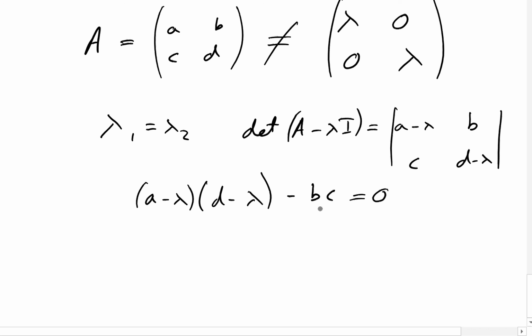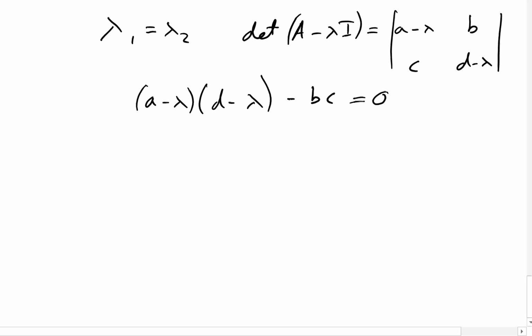This BC term dictates what happens to our eigenvectors, if you like. Because we've said that lambda 1 equals lambda 2, it's a very special case. When we sort this out, we're still going to have lambda 1 equal to lambda 2, and so they're still going to lie in the same plane because of that.